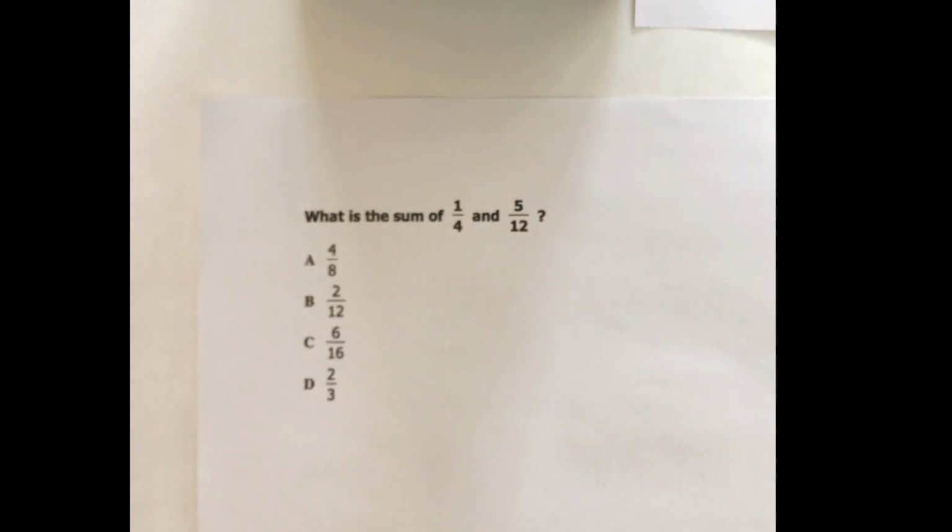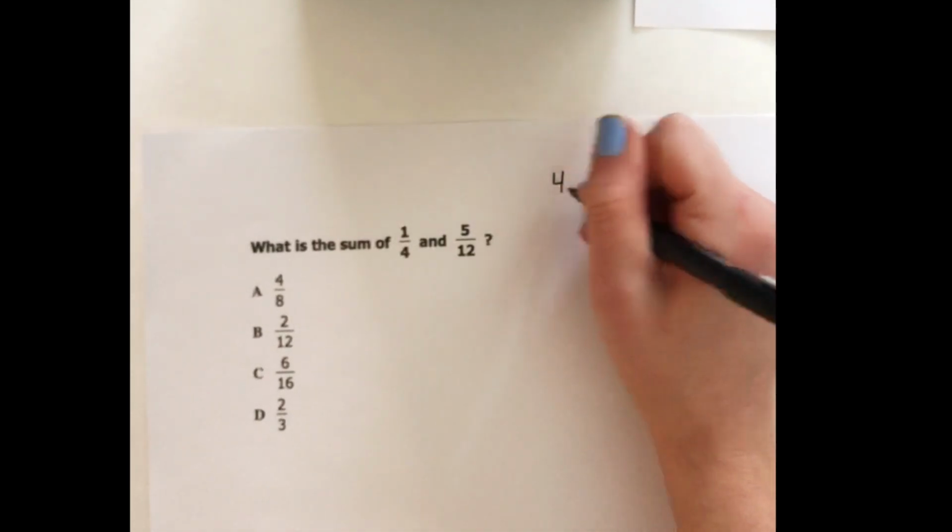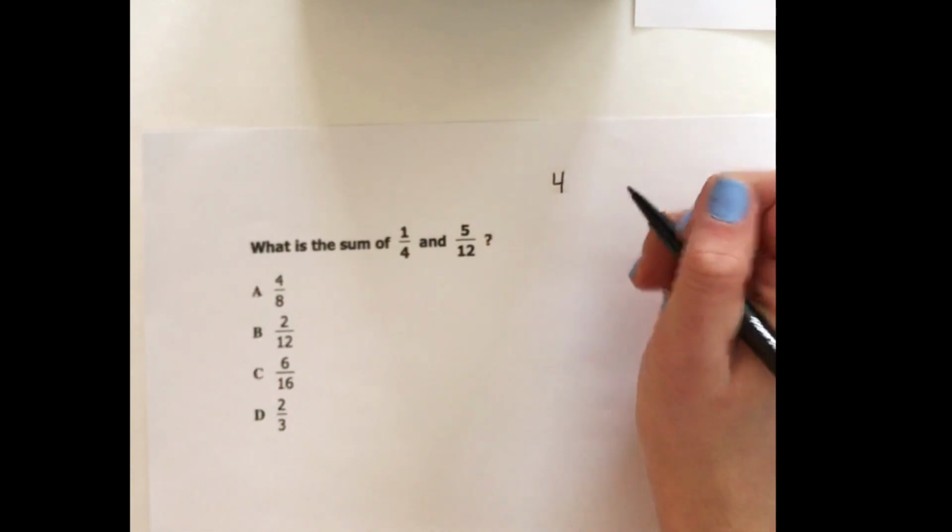We're going to look at one more example of how to add or subtract fractions with unlike denominators. And now in this case we're adding because it says what is the sum of 1/4 and 5/12, and the sum is the answer when you add. So since we have different denominators, we have to find a common denominator. We have 4 and we have 12.